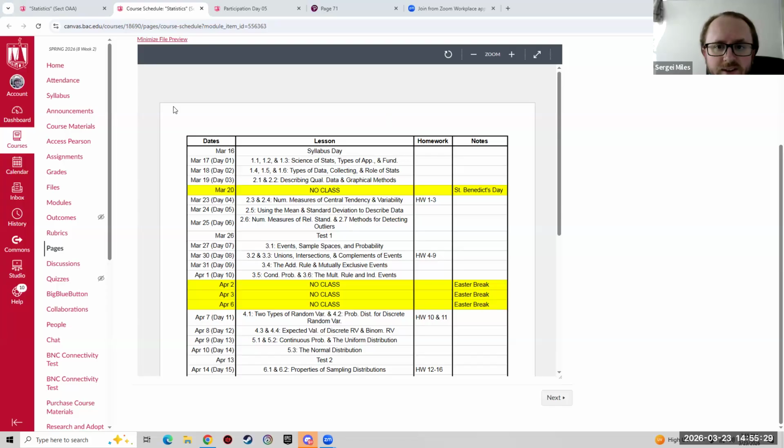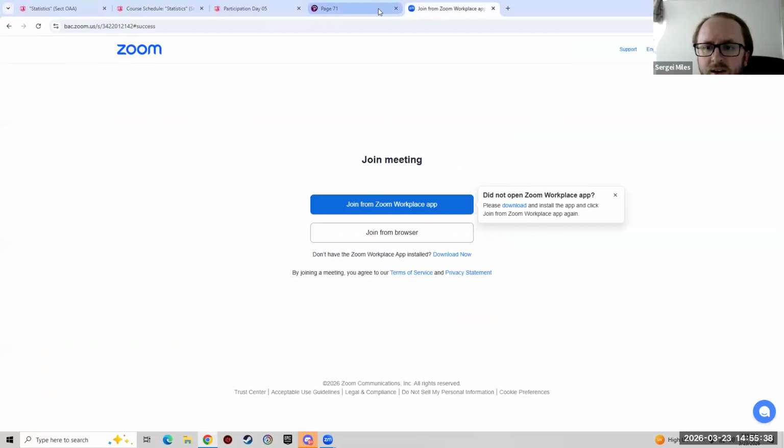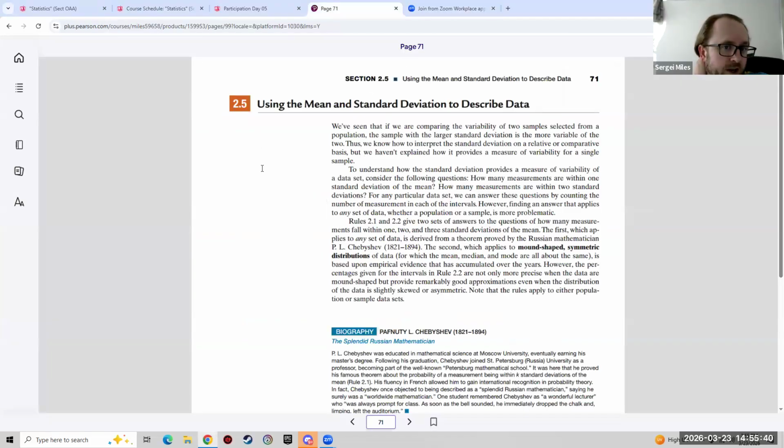Okay, so let's get started as we are looking at section 2.5 of our textbook for day 5. I'm going to switch to the whiteboard behind me, so I'll stop the screen share.